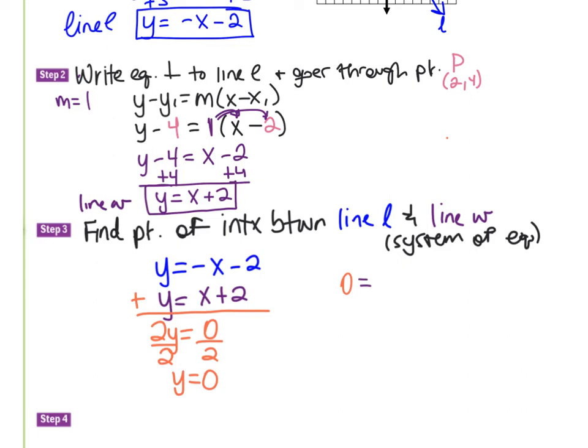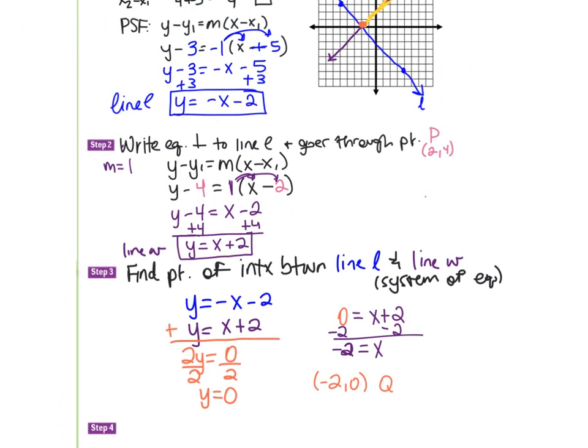Plug into the purple: 0 equals x plus 2. We already have the y-coordinate, now we just need to find the x. This leaves us with x equals -2. This coordinate, (-2, 0), we're going to call point Q. We'll label it on our graph. (-2, 0) is point Q.